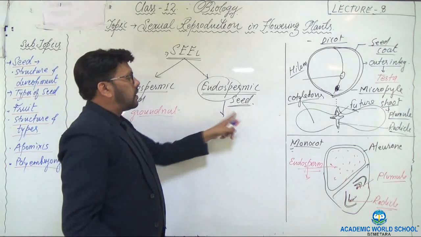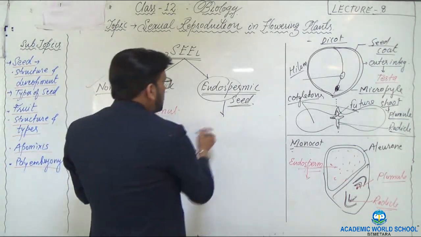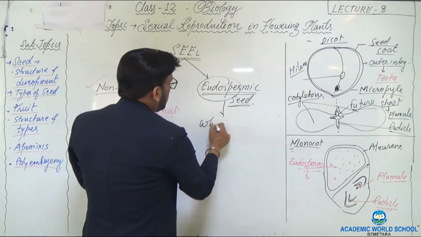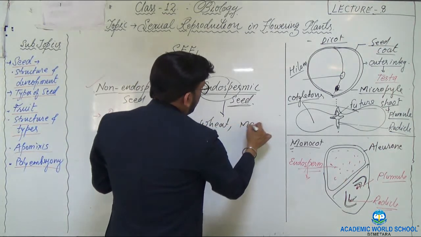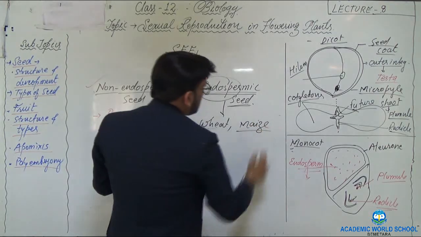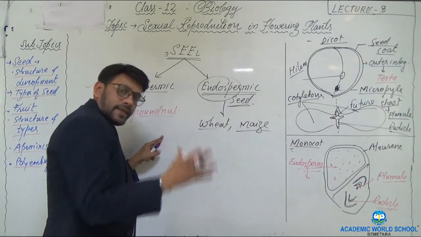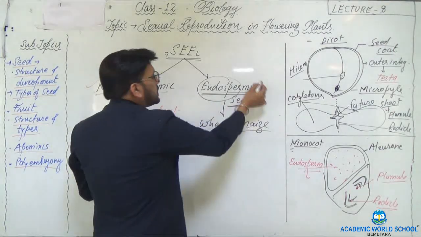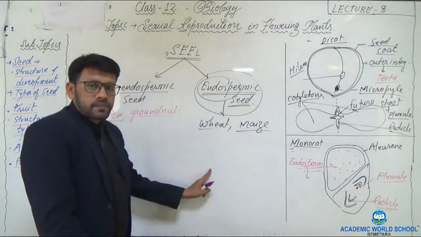Such seeds are called endospermic seeds. For example, wheat and maize are examples of endospermic seeds.